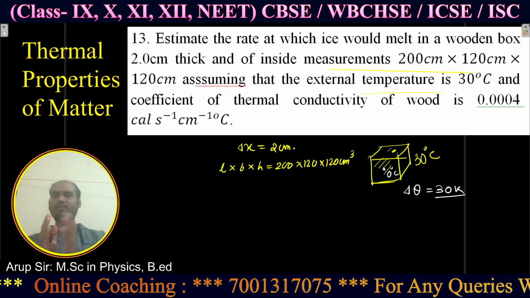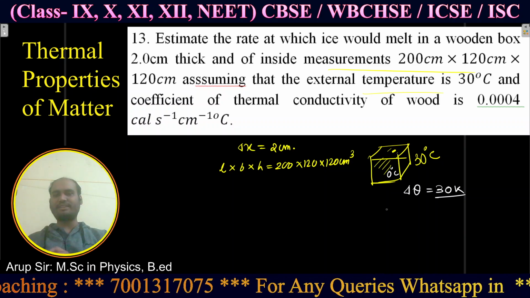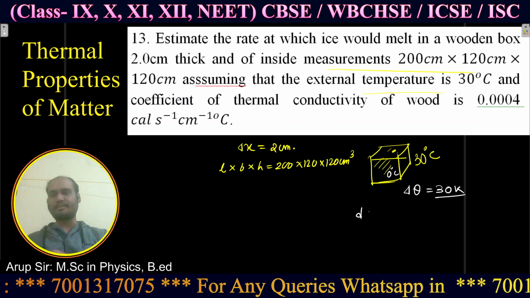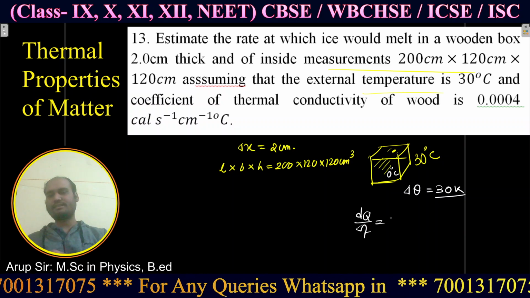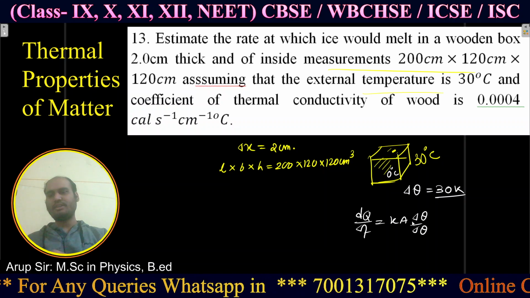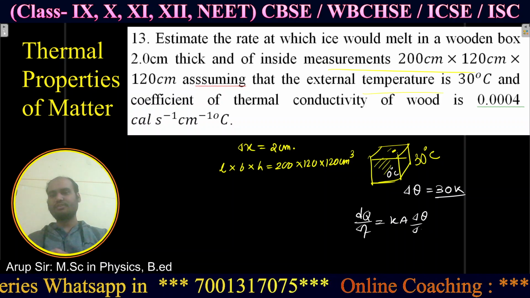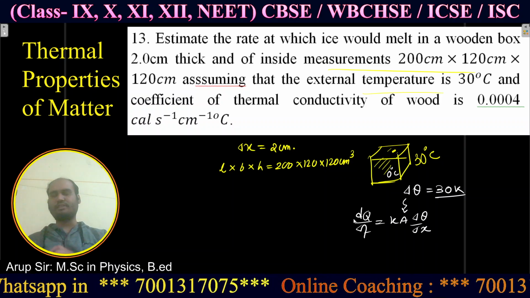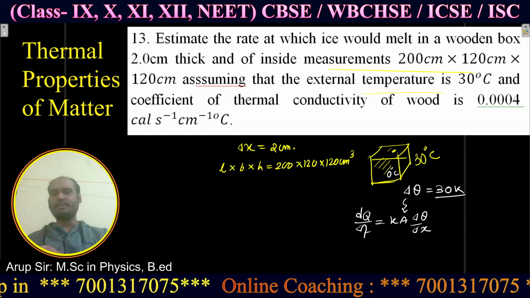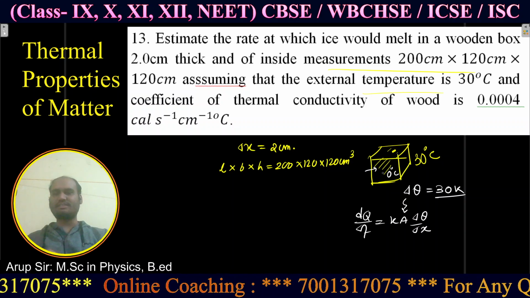We need to find the surface area, because the formula for rate of heat transfer is delta Q by delta T is equal to K into A into delta theta by delta X. So we need the surface area through which the heat is transferring. Through all 6 surfaces it is transferring.